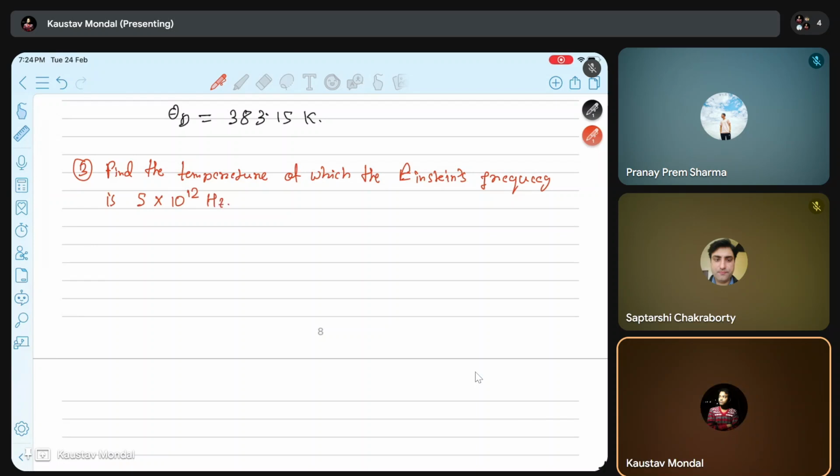Option A is 240 Kelvin, option B is 182 Kelvin, option C is 425 Kelvin, and option D is 320 Kelvin.